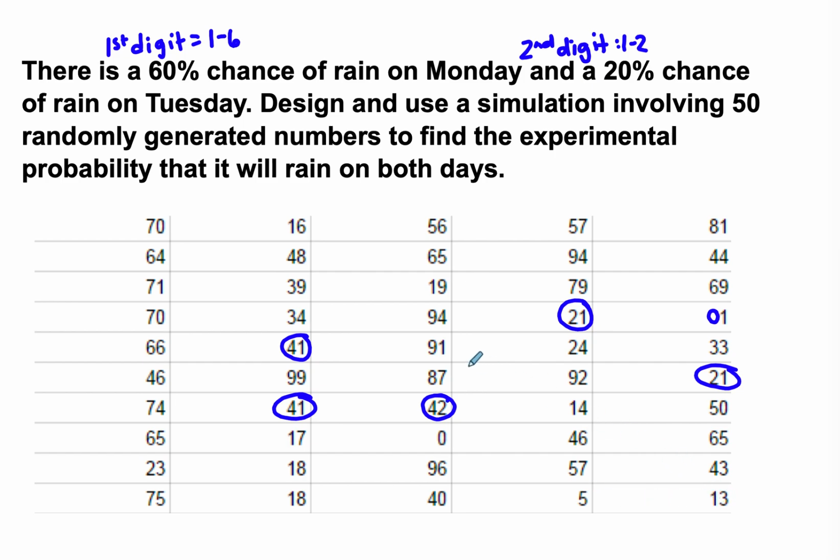No. So now we count up what we have. 1, 2, 3, 4, 5. My experimental probability is 5 out of 50. And then simplest form, fraction, and percent, just like all our probability ones. 1/10, which is 10%. That is my experimental probability that it's going to rain on both days.